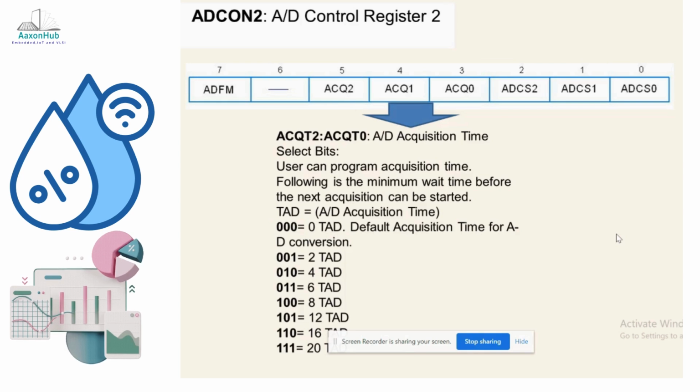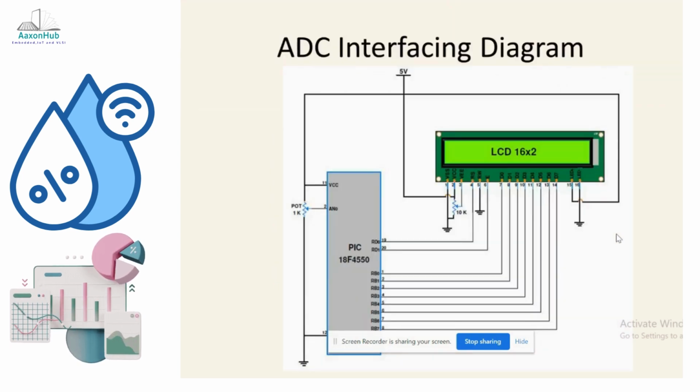So these are the 5 important registers that are required to program the built-in ADC for your PIC18 architecture. Now let's take one example of connecting an ADC to your PIC18. Here, instead of a sensor, I have connected a 1K pot to AN0.